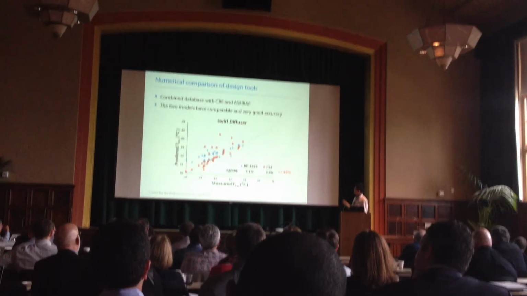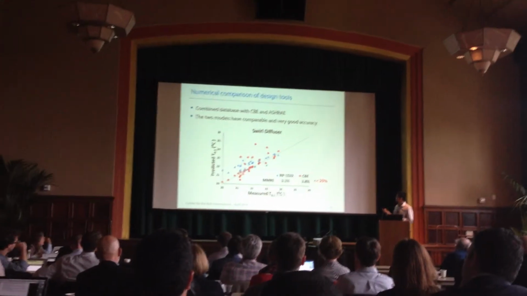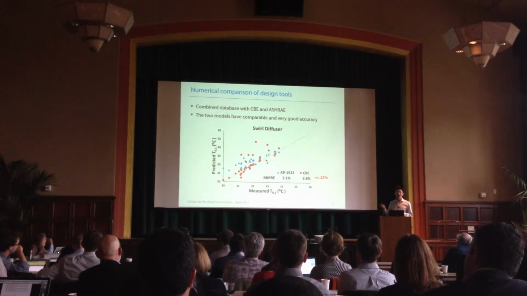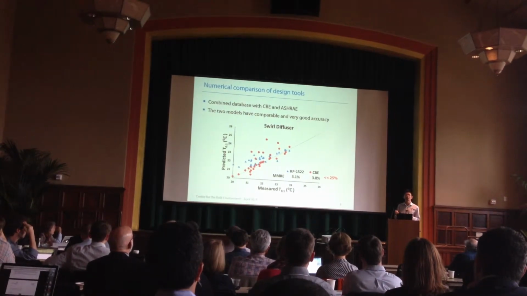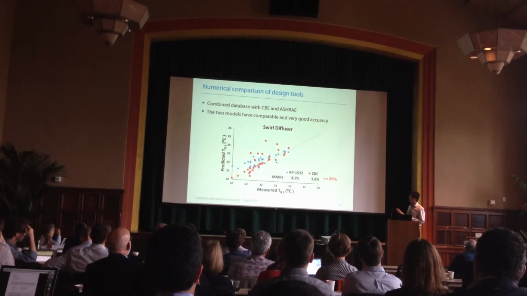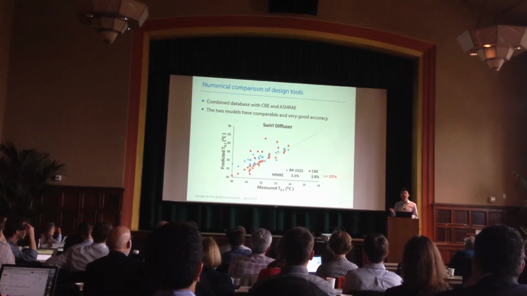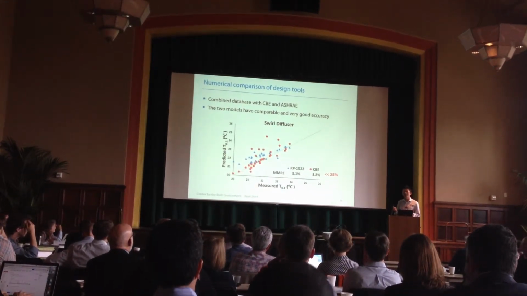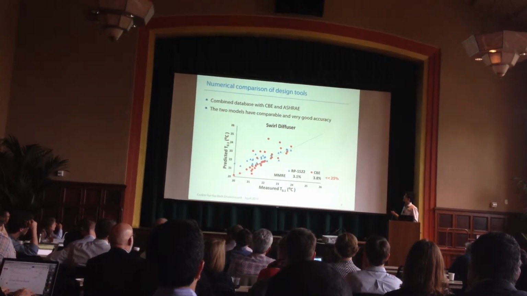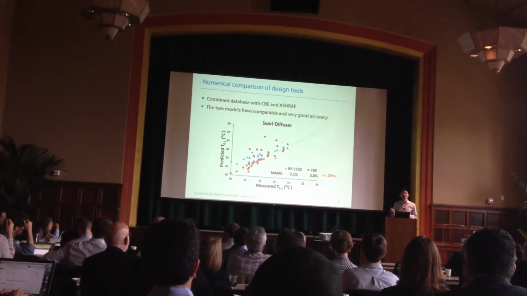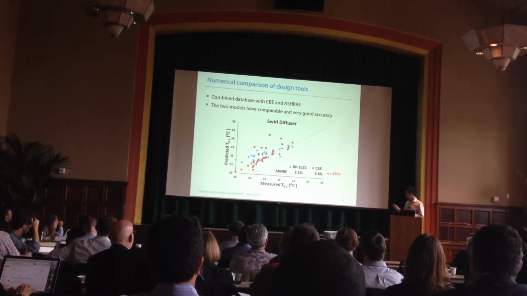The red dots are the results from the CBE tool, and the blue dots are the results from the ASHRAE tool. Here we choose MMRE, an index to assess whether a model is a good prediction model or not. Typically, a model with MMRE less than 25% is considered relatively good. As you can see, we can conclude that both models have comparable and very good accuracy, because it's far less than 25%.